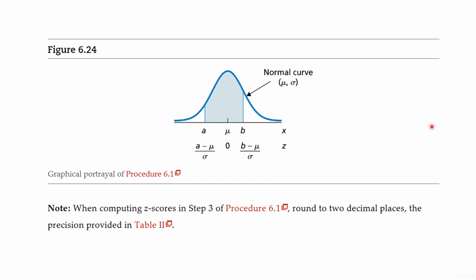And then you can shade the region that you're interested in looking at, and then mark your delimiting values on here. So in this case, a and b are our values. And then you can find the z-scores for the delimiting x values and use your table to find the area under the standard normal curve.